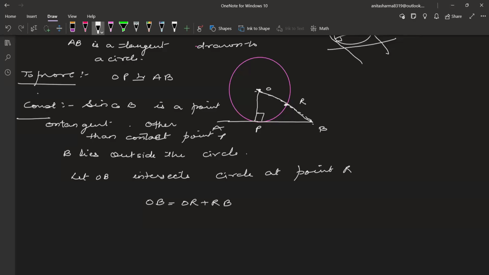OB will be equal to OR plus RB. Is it clear? Now, children, if you observe, is OB greater than OR or not? From the figure we can observe that OB is greater than OR.